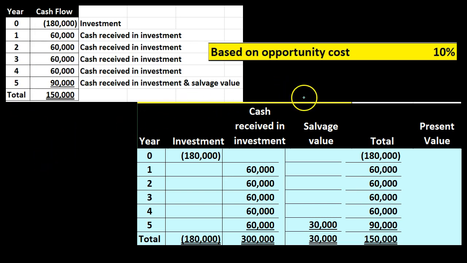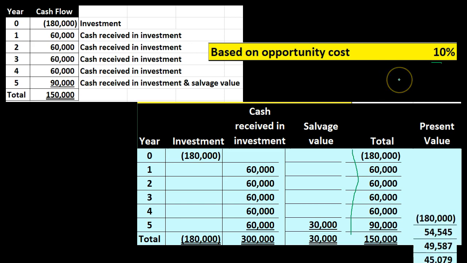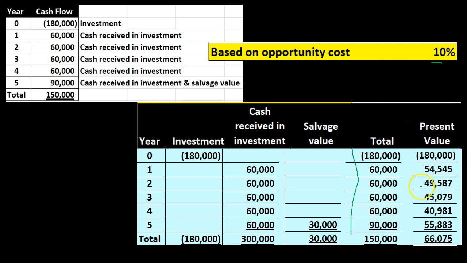Now let's do the same type of cash flows. We have the same cash flows here, but now we're going to be basing it on 10%. And this is something we might call a hurdle rate. This might be based on the opportunity cost of our next best investment. In other words, we need to get a return higher than 10% in order to accept the project. So that means that if we present value this using 10%, we're going to do the same calculations. It's not something different. It's not a completely different animal. It's the same type of calculation.